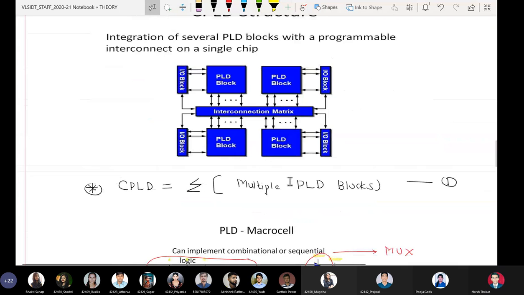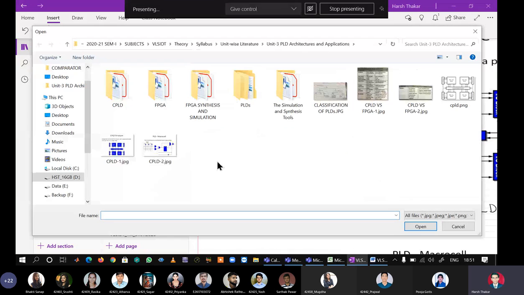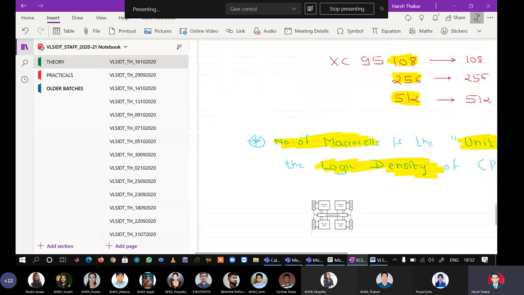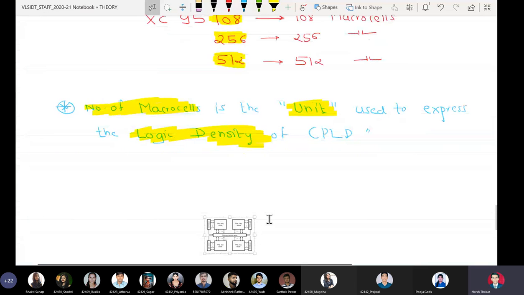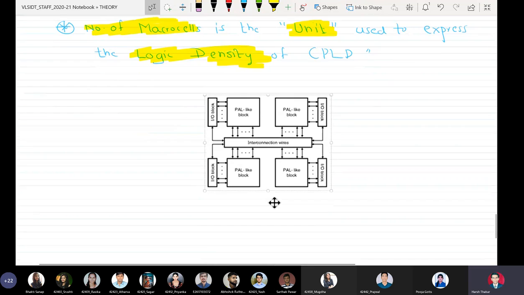Now we see here a similar diagram, as I have told you.